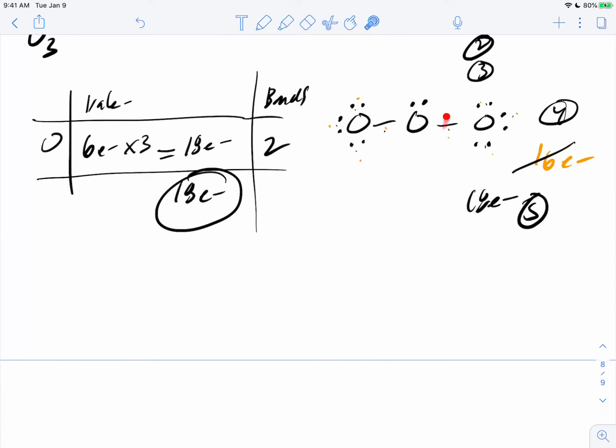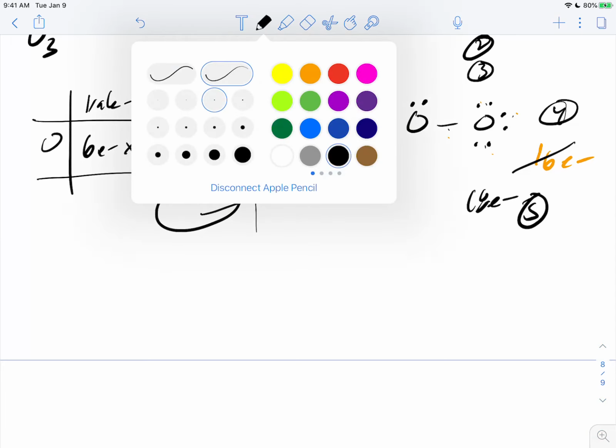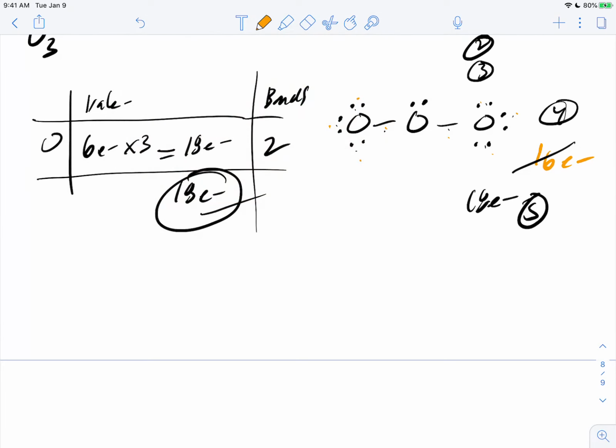This oxygen right here does not have an octet, we need 2 more electrons. I can't add another lone pair. If I add a lone pair, I'm going to have 20 electrons. That wouldn't match up with my number here. And so I need to take a set of electrons from this oxygen to this oxygen. So I'm going to make a double bond here.